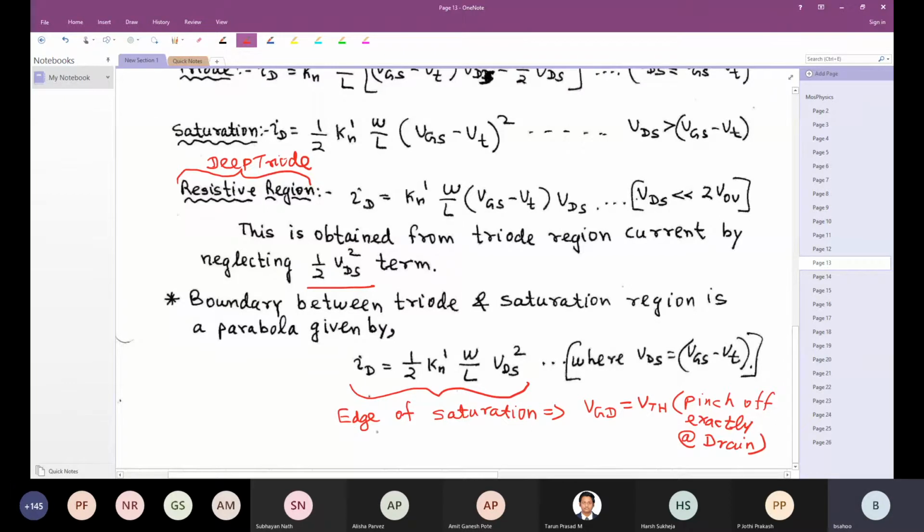I might ask you, what is the current when the transistor is at the edge of saturation? So edge of saturation, the condition is this: VGD equal to V threshold. Am I clear?